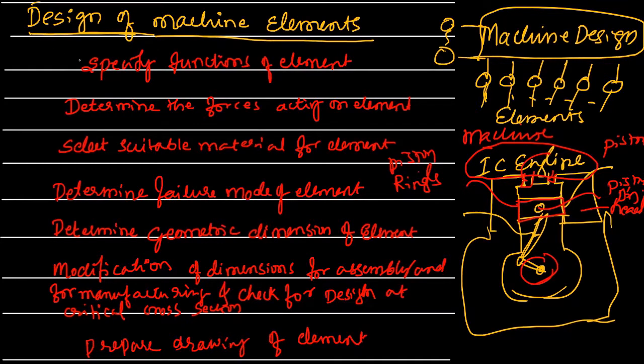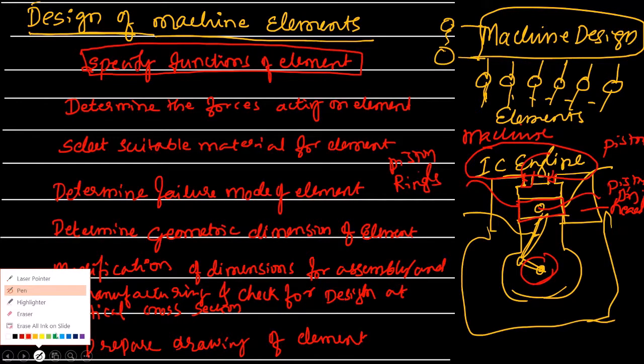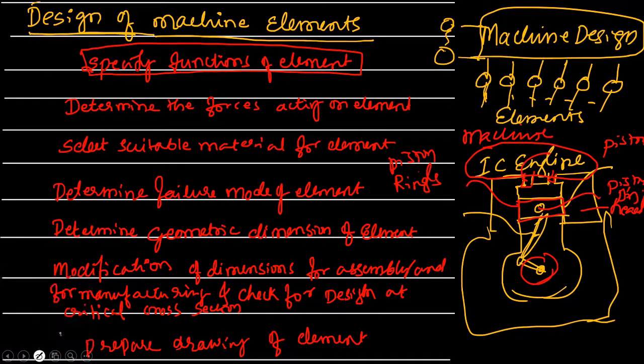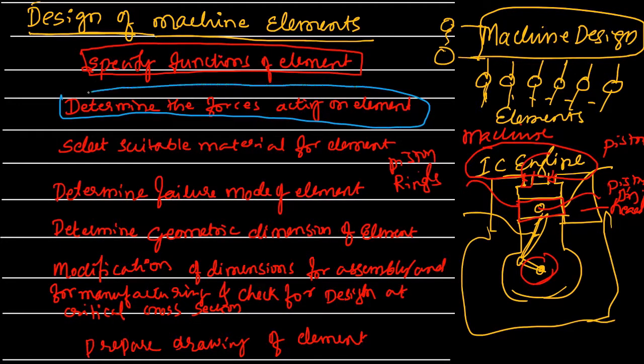So, what is the first step? First step, you need to specify the functions of the element. Next, determine the forces acting on the element. Next, select suitable material for the element.